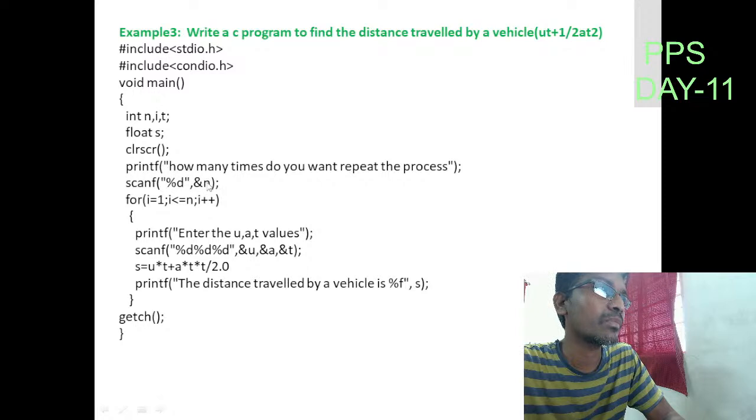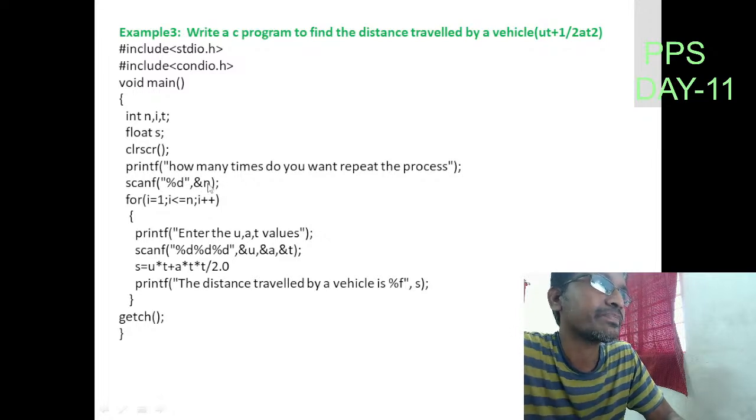For that I am going to use the variable n. For example, if I give the n value as 5, then I need to enter the u value, a value and t value. For every iteration you need to enter the u, a, t values from the keyboard, 5 times. I hope you understand what I am saying.